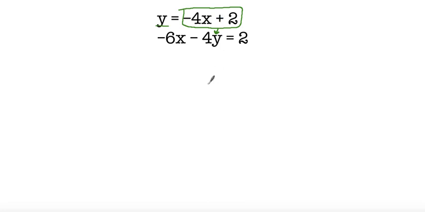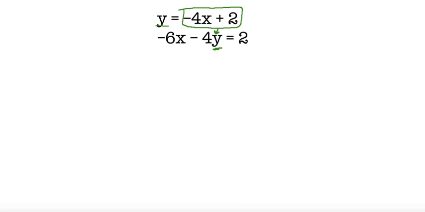So the goal is to find out when these two linear equations meet on a graph, if they do. And since we know that y is equal to negative 4x plus 2, we're going to substitute this y value for what this equation has y equal to, to find out where they intersect, what x value they intersect at.